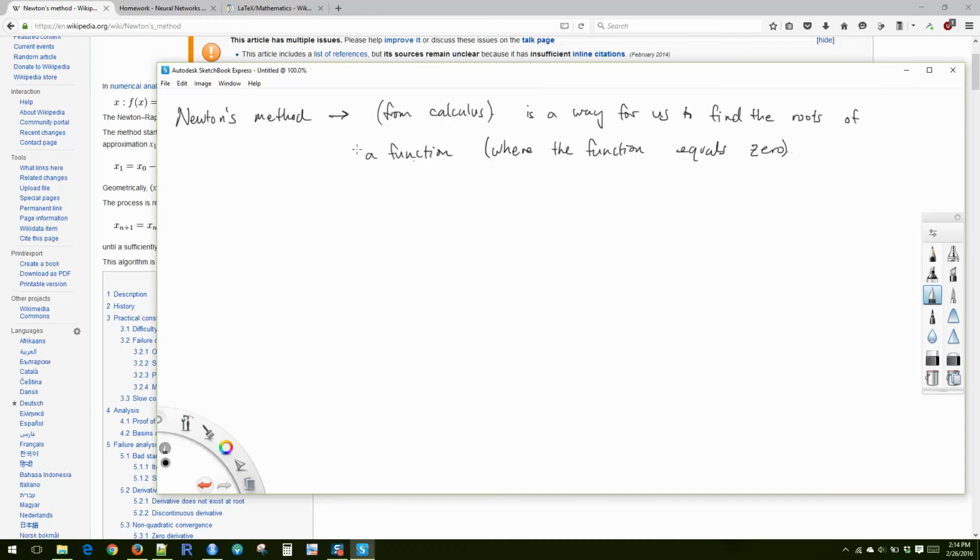Okay, but for optimization, we want to find a minimum or a maximum, right? So in optimization, we wish to find a minimum, or max.